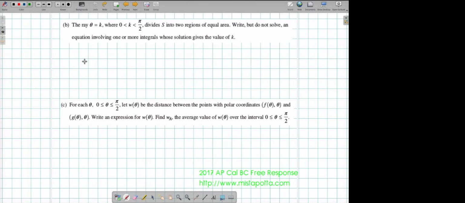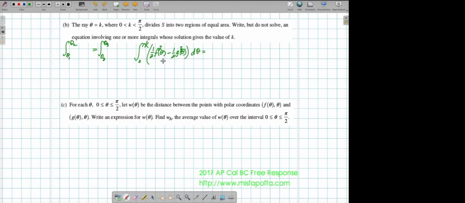So what I essentially want to do is set those integrals that we were talking about, from theta 1 to theta 2 and another integral from theta 2 to theta 3, to be equal to each other. So I'm going to be doing the integral from 0 to k of 1/2 f squared theta minus 1/2 g squared theta d theta.